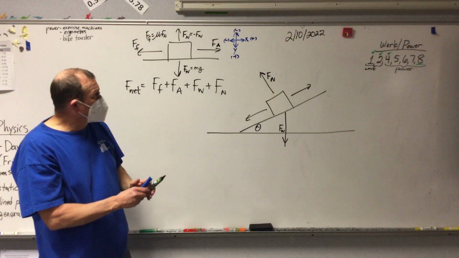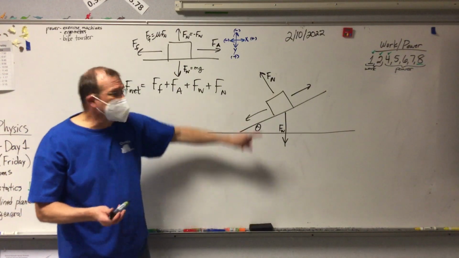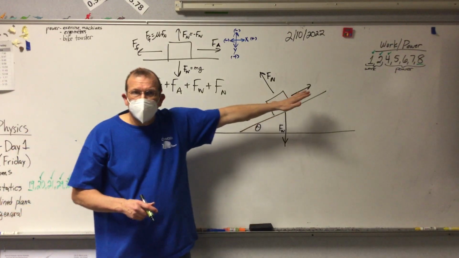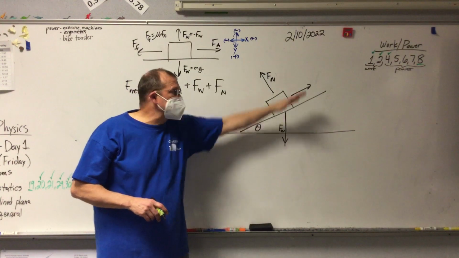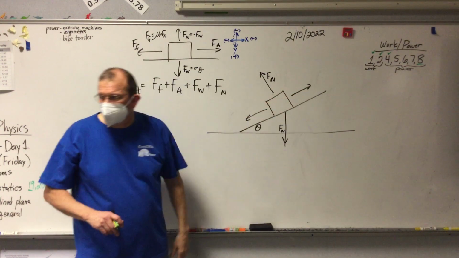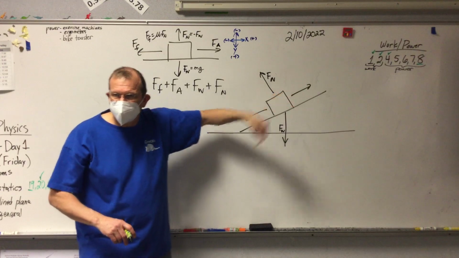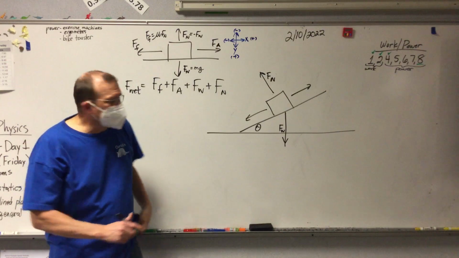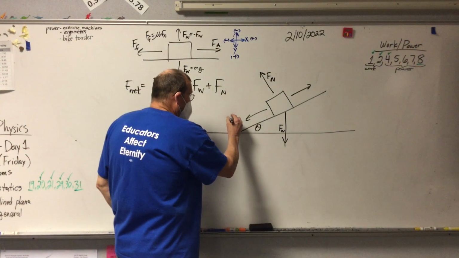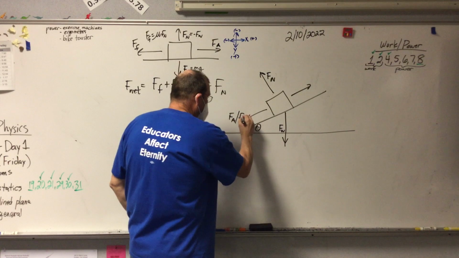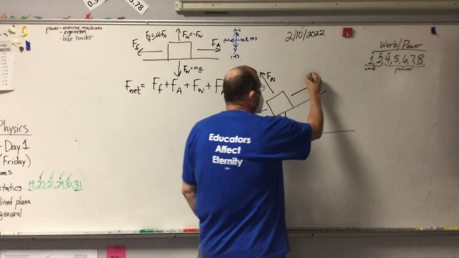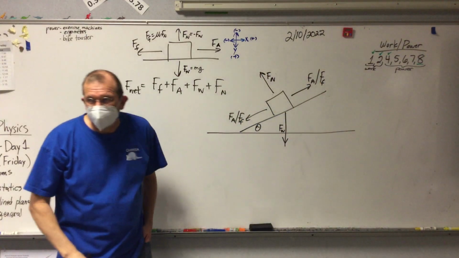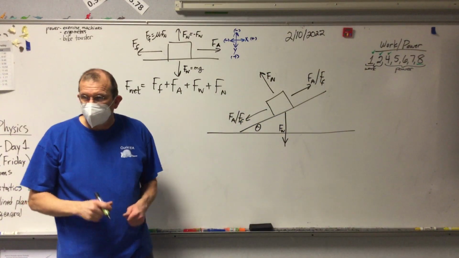Okay, so this becomes a little more complicated in our inclined plane picture, because there are situations where you will be pushing this thing up an inclined plane, which would make us say, well, up the plane is positive, down is negative, but we could equally be doing it the other way. So the truth is, and this is very unsatisfying for people who like rules, all I can tell you is that those two arrows are either going to be applied force or frictional force.